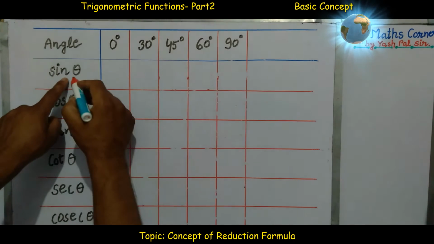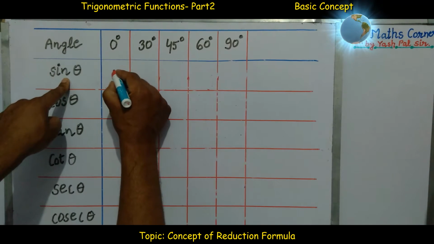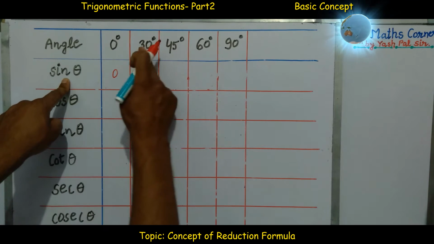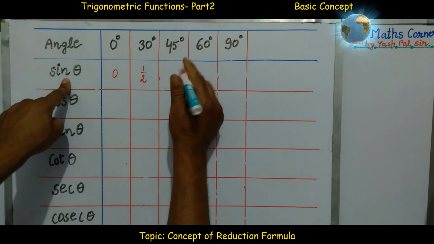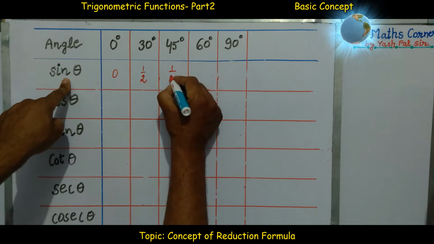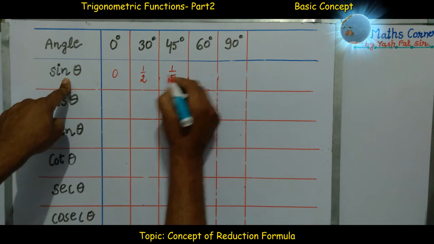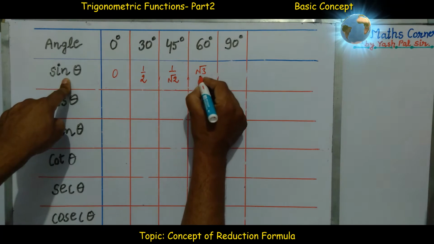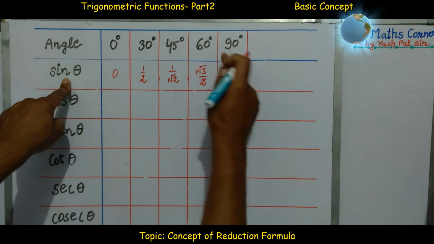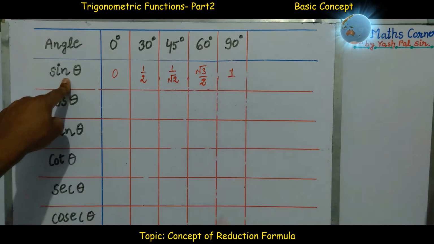Now we have the value of sine 0-degree is 0, sine 30-degree is 1 upon 2, sine 45-degree is 1 upon square root of 2, sine 60-degree is square root of 3 upon 2 and sine 90-degree is 1.